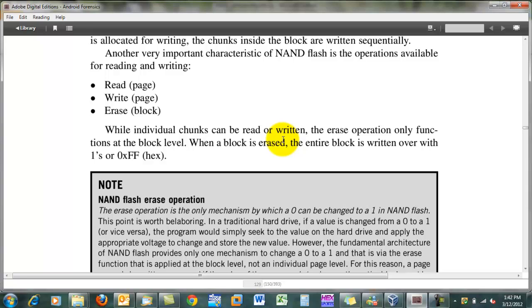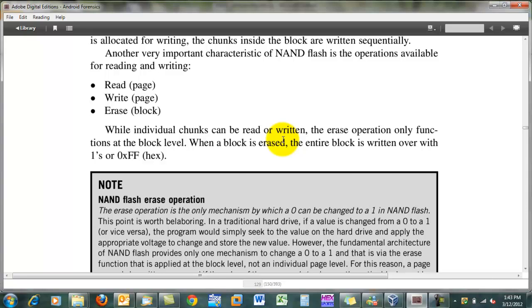If you have 64 pages per block and you want to erase page number 4 inside the block, you can't simply write off page number 4. You have to erase the whole 64 pages in the block, because this is the way it works.